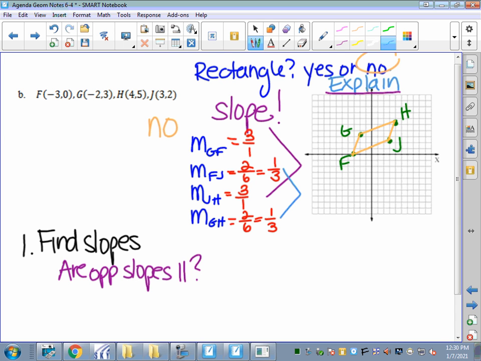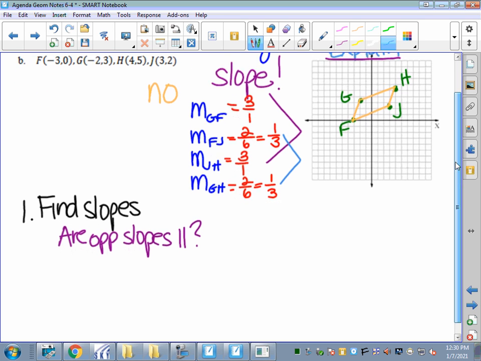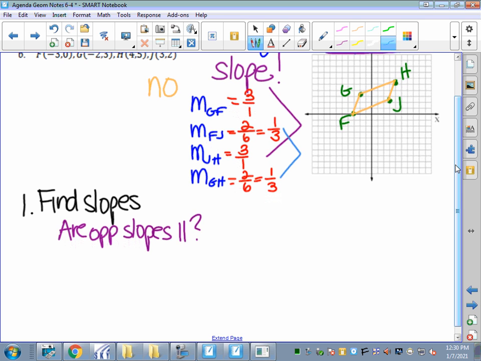It's not, right? Because it doesn't look like a rectangle, because what does a rectangle have for all of its corners? It has perpendicular corners, 90-degree angles. So step 2, I'm going to say are the angles 90 degrees.